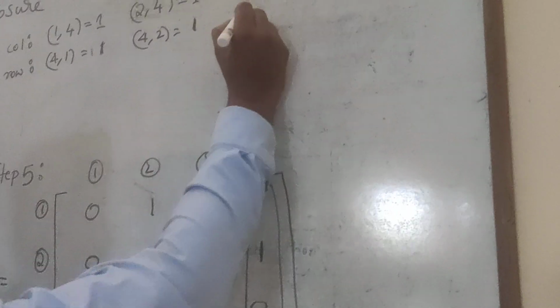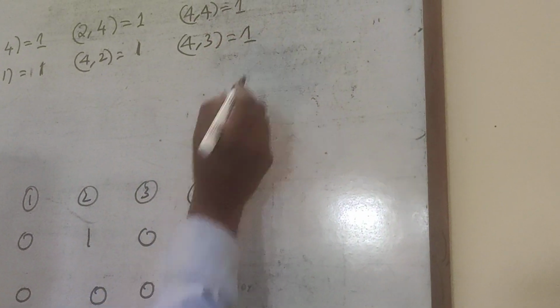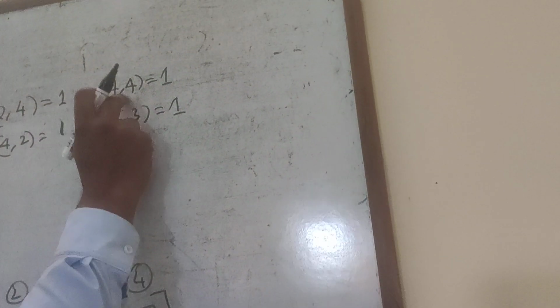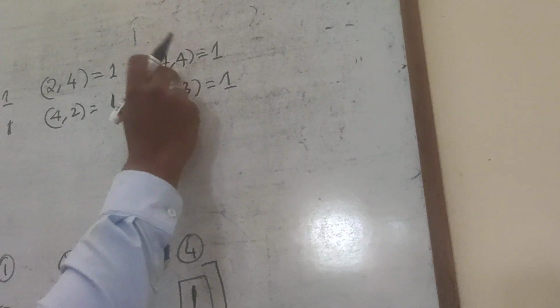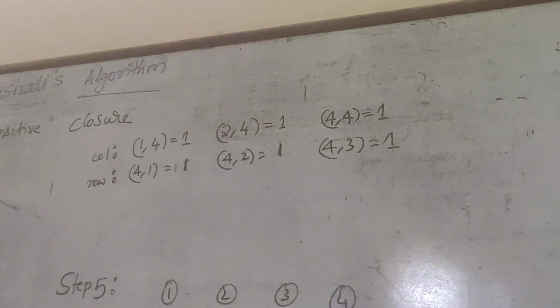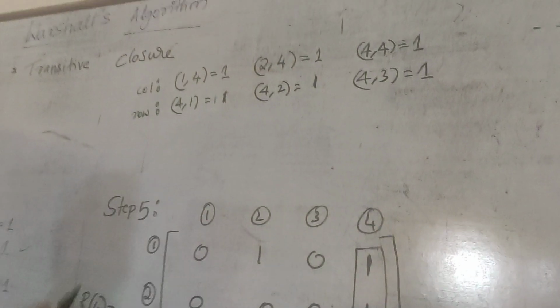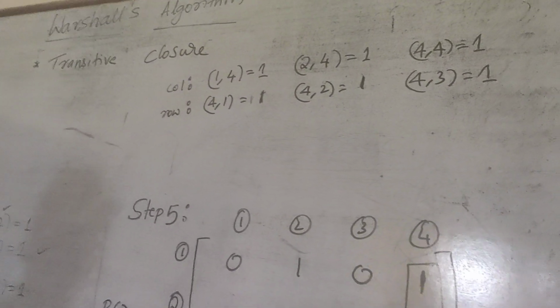Then 4 comma 3 is 1. 4 comma 4 we already took, no need to take this one again. Now we have to make combinations of all.